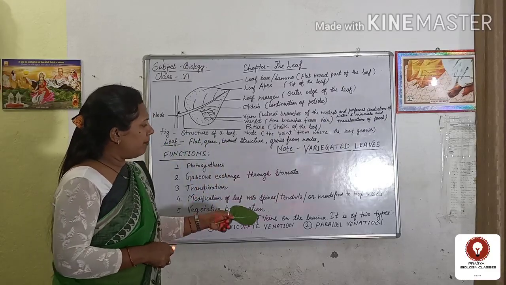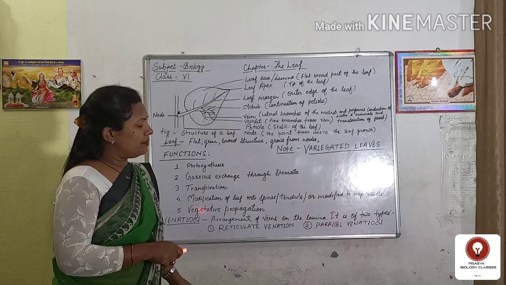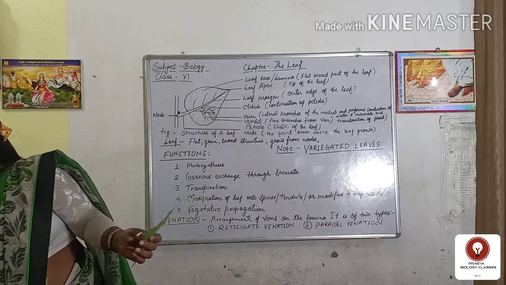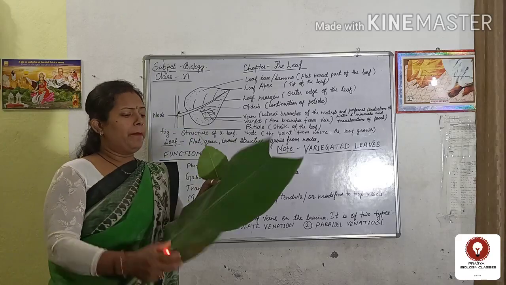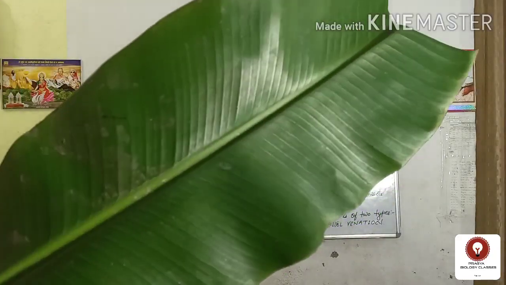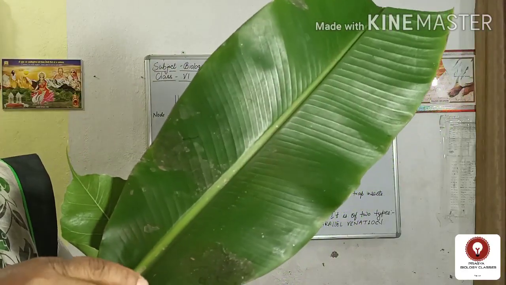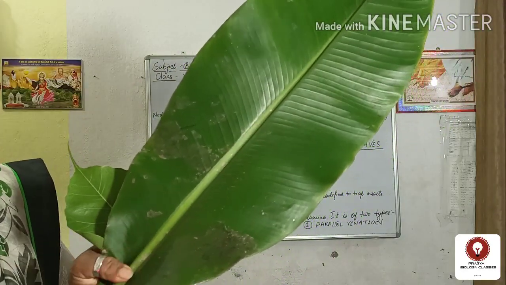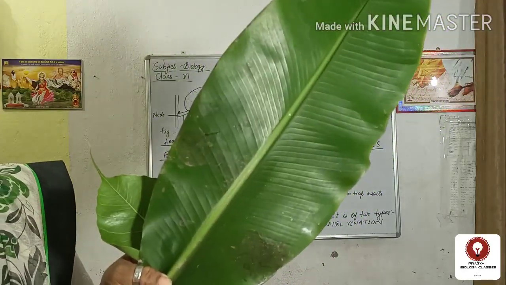In the banana leaf, parallel venation is present, in which the veins are arranged parallelly. I think it is clearly visible for you. All these veins are parallelly arranged, so this type of venation is known as parallel venation.